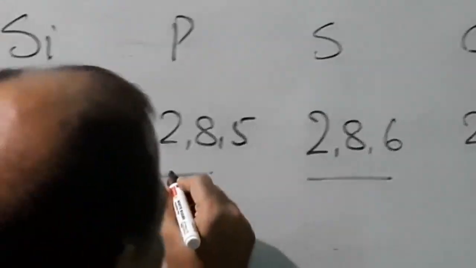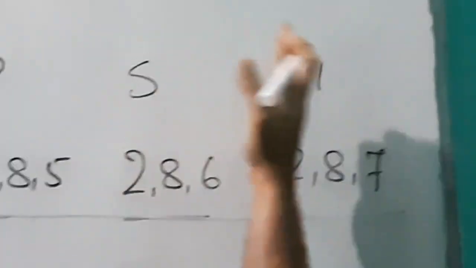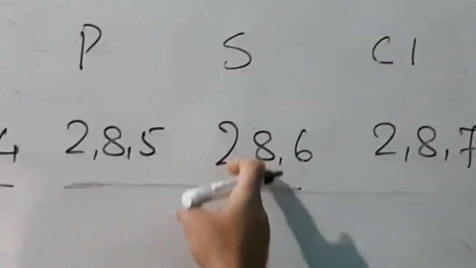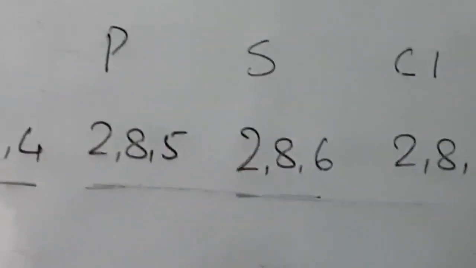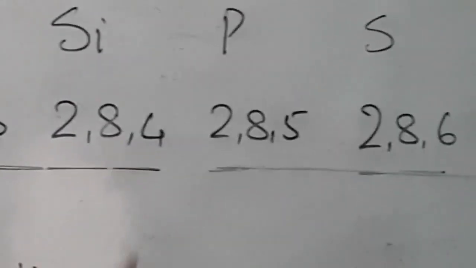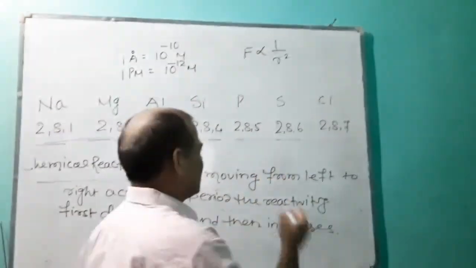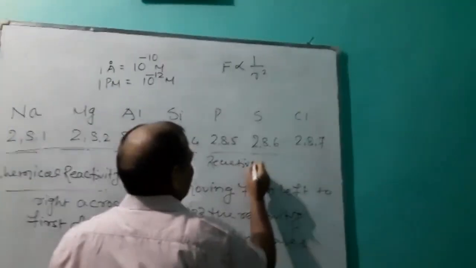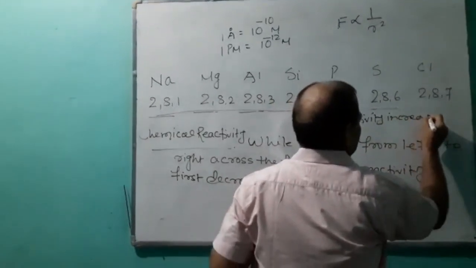So now, my dear students, phosphorus is least reactive, sulfur is more reactive than phosphorus, and chlorine is more reactive than sulfur. So reactivity increases from phosphorus onward.